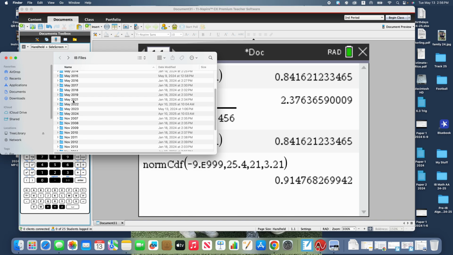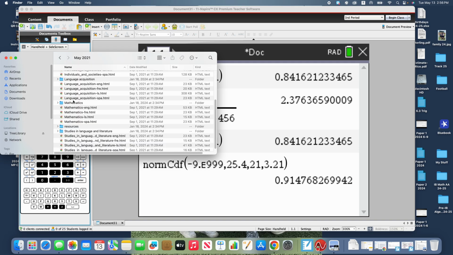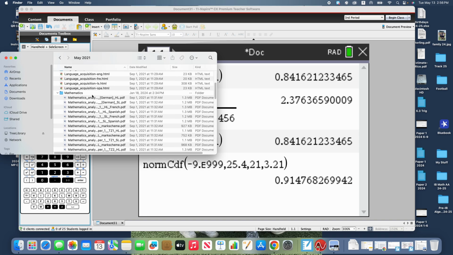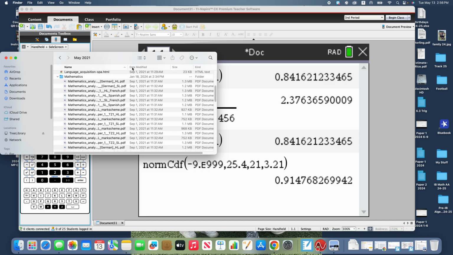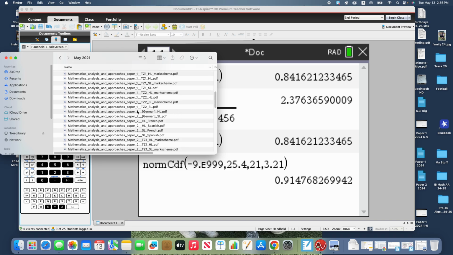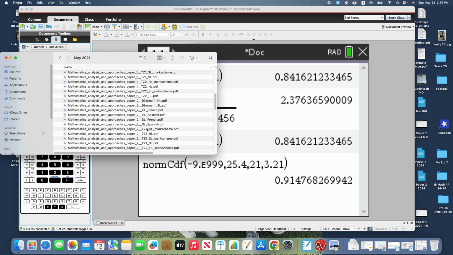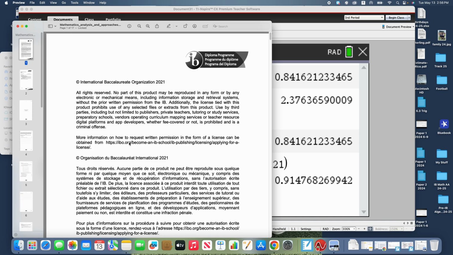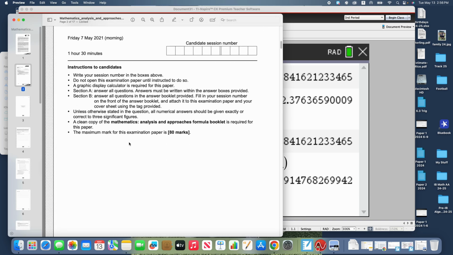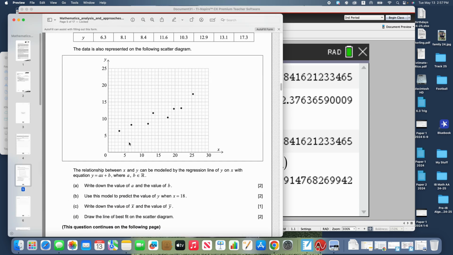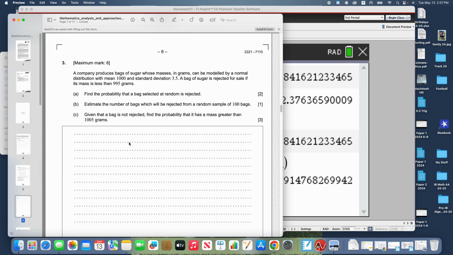Let me go back to 2021. So I might be able to find one here. Most of the ones that you're asking about normally fall on the calculator page.